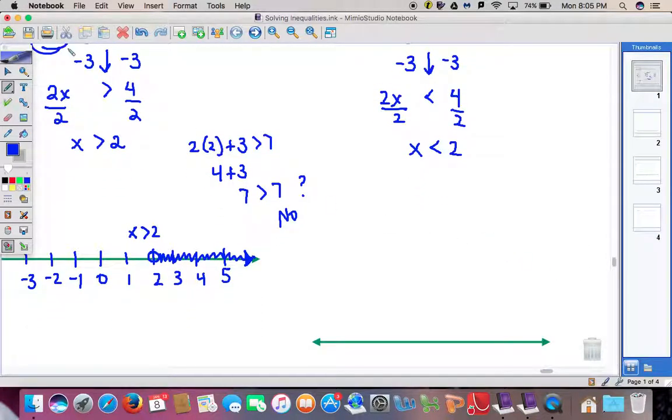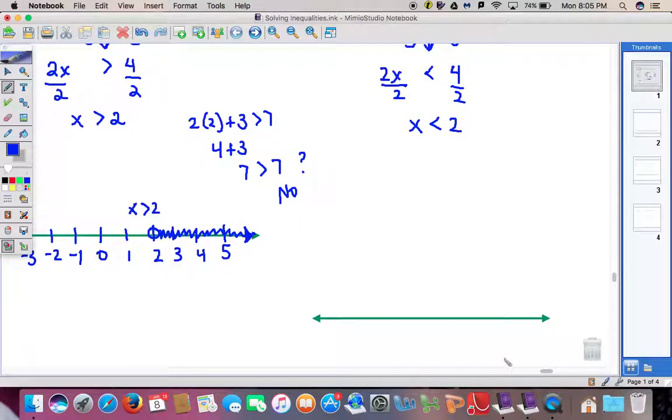In my graph down here, I've got 0 in the middle, and 1, 2, 3, 4, and then we've got -1 and -2. If I want to graph x is less than 2, I would use an open circle at 2, because 2 is not less than 2. 2 is equal to 2, so that can't be a solution. Then I would shade everything to the left. So x is less than 2 is graphed like this.